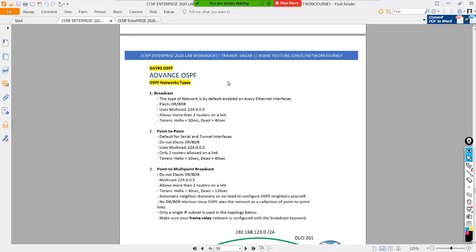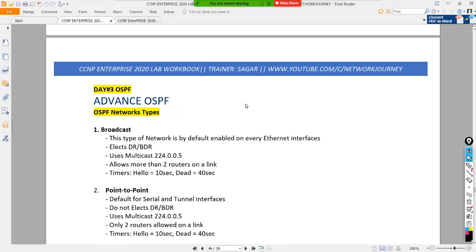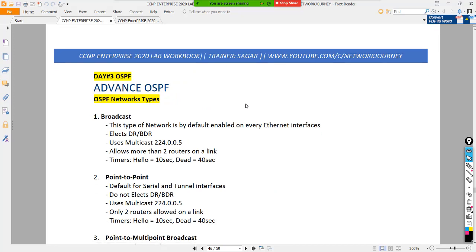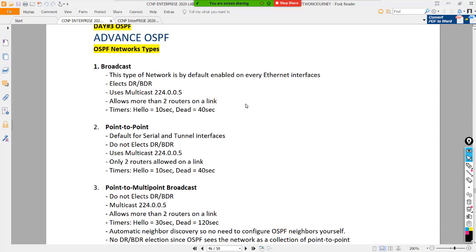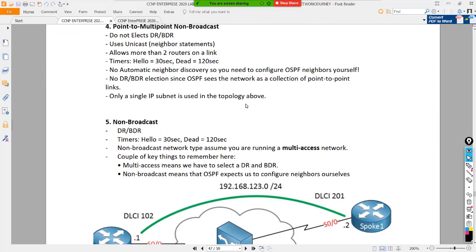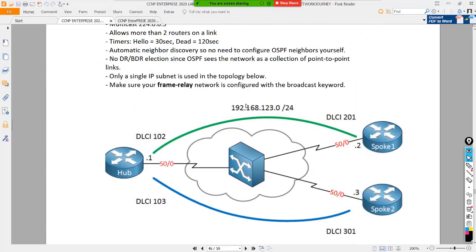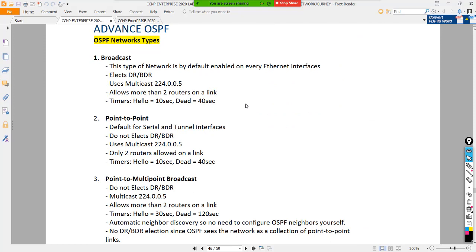Okay, advanced OSPF, where I would start with network types first. So there are like 5 or 6 network types, but the most used ones are broadcast, point to point, and there is one more which is called loopback.